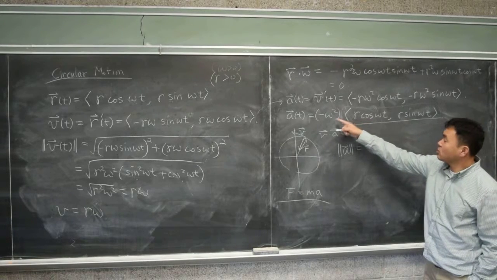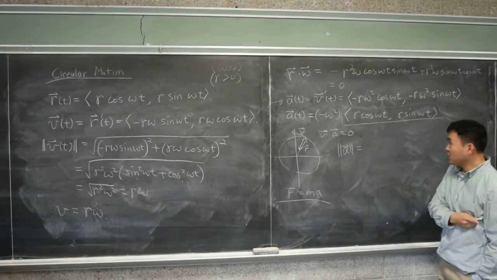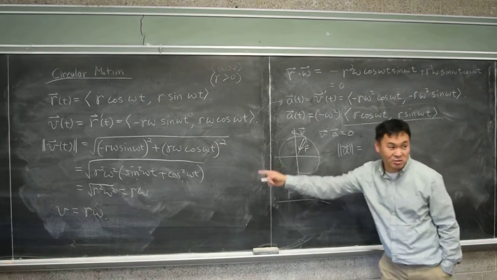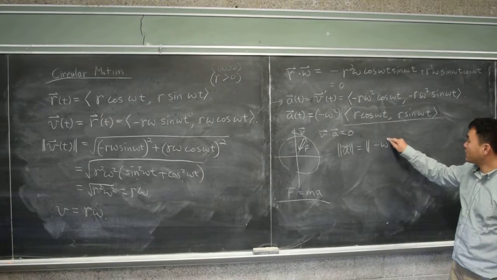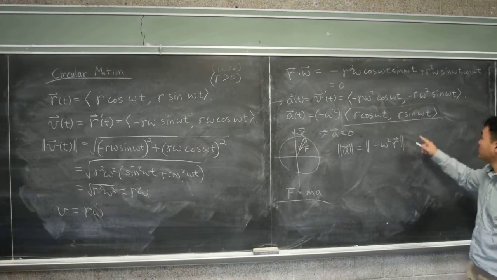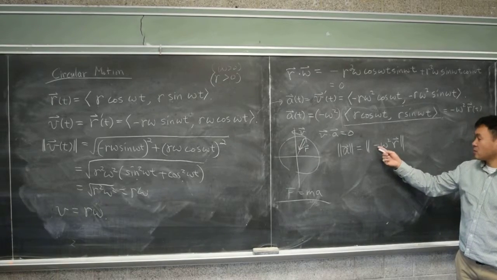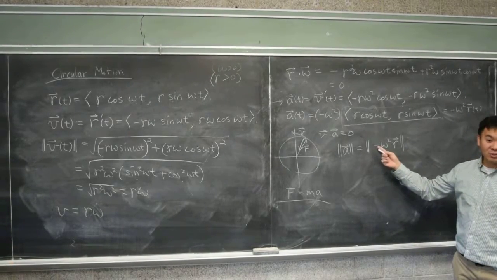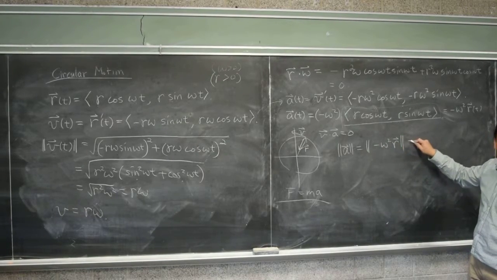Here's how you can do the norm without actually having to do all this again. We know that a is negative omega squared r, right? This is r, so this is really negative omega squared r. And negative only changes the direction, so negatives don't do anything in terms of the size, right?